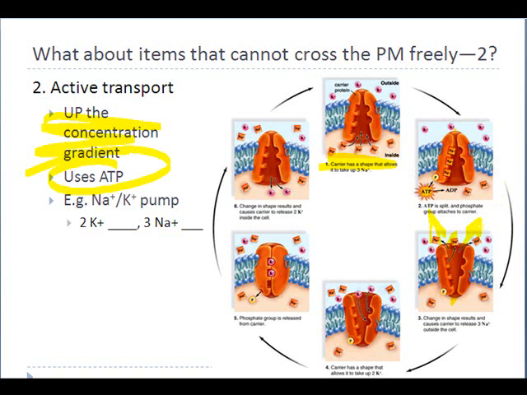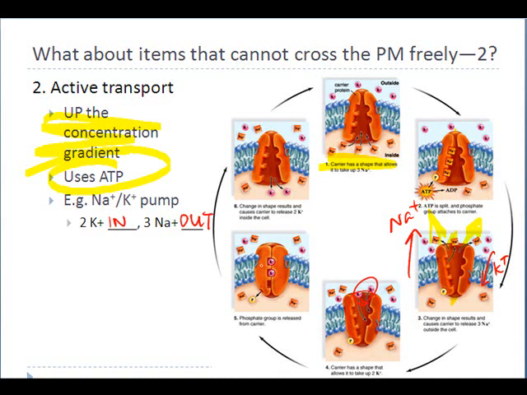When it pushes the sodium out, the configuration now helps to take potassium ion in. So now it's going to take potassium this way, and it has thrown sodium outside. This way it is able to take this potassium and close again. So the potassium ion is going in, and 3 sodium are going out.